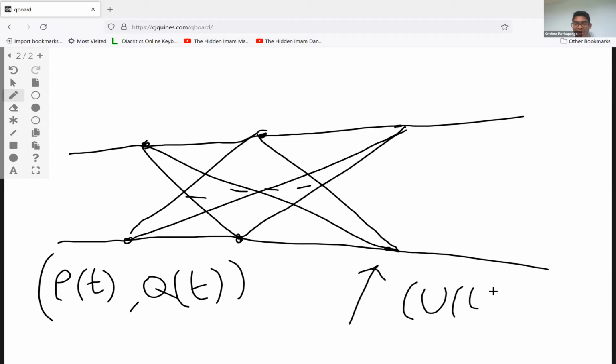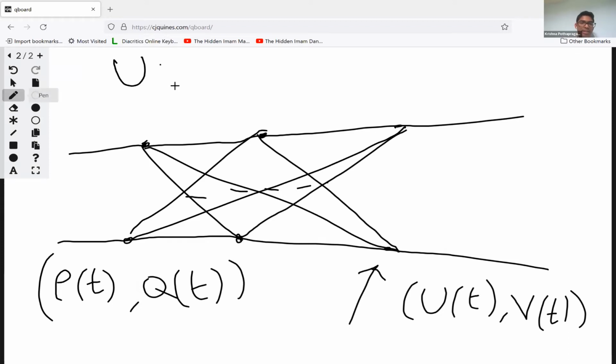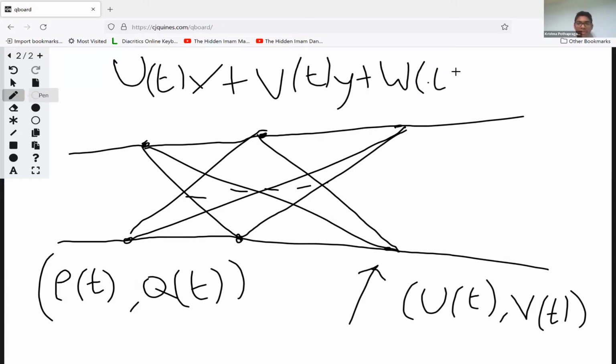So we're going to define every other point, based on our moving point, as some other polynomial, u of t, v of t, and every line is u of t x plus v of t y plus w of t equals 0.